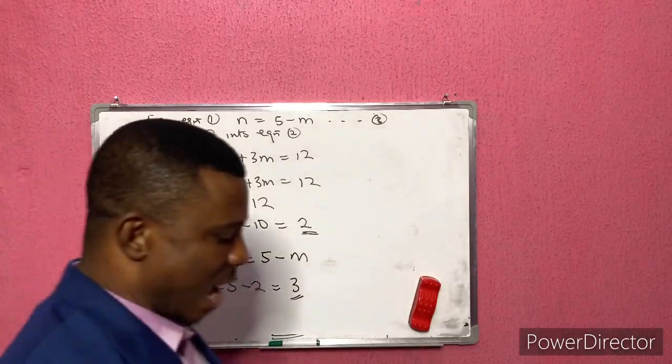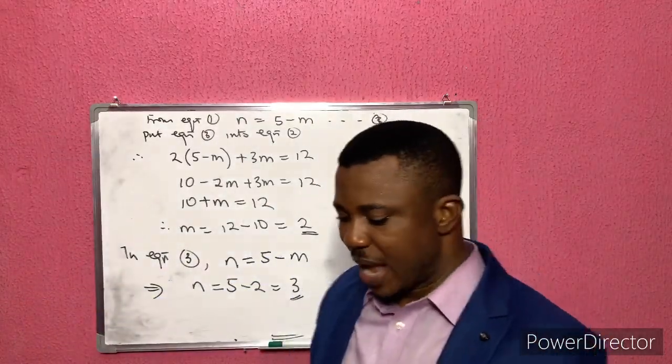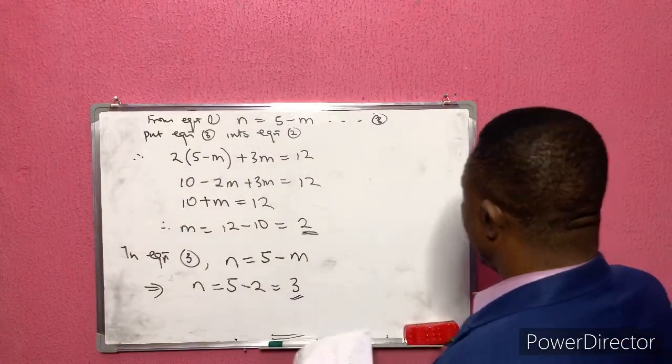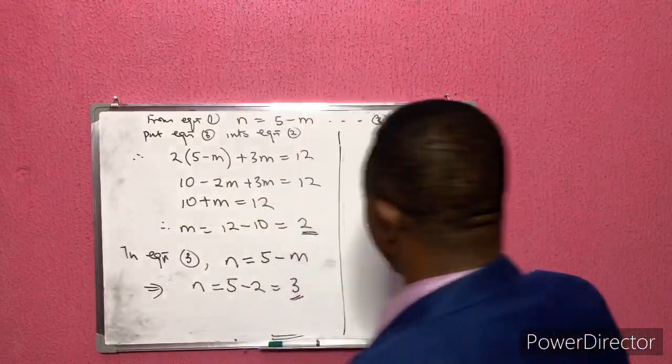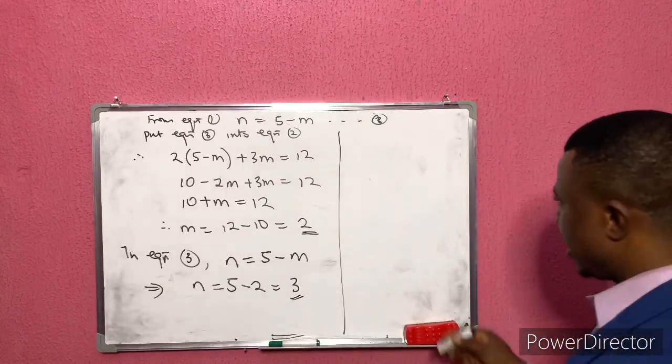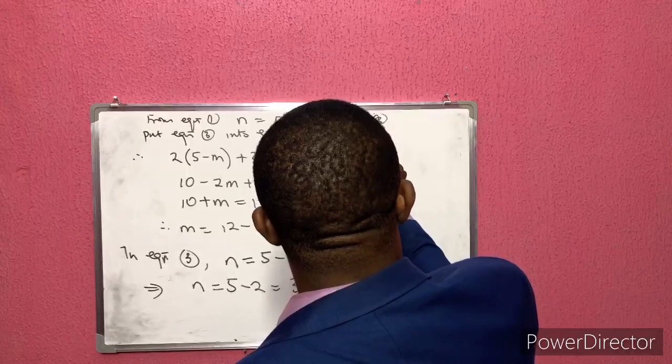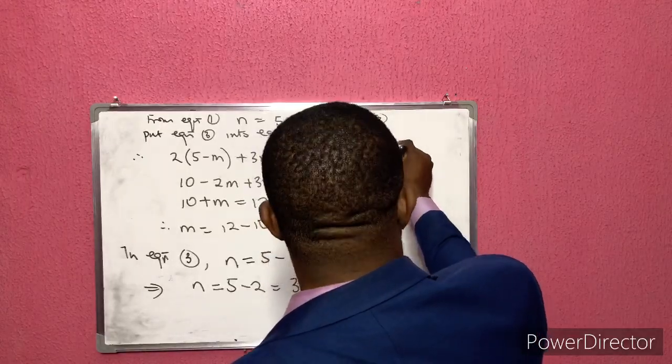But that is not our answer. We are looking for x and y. So we can now say that we made log x base 3 as n.